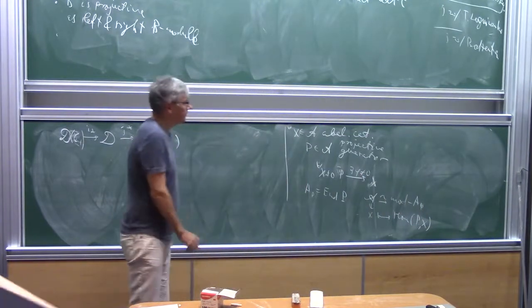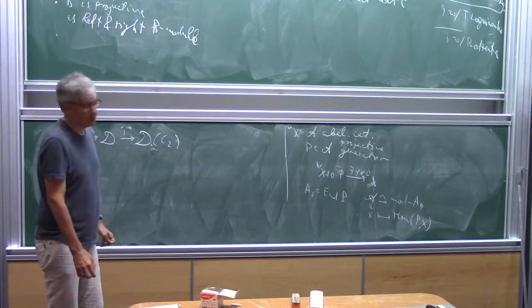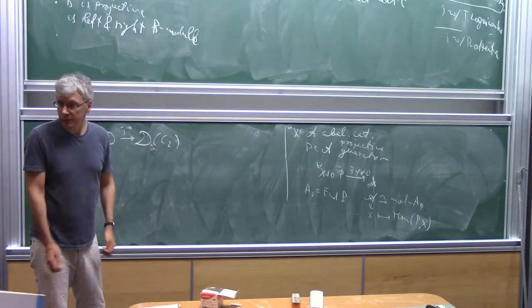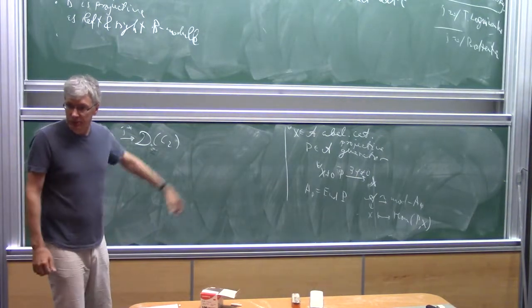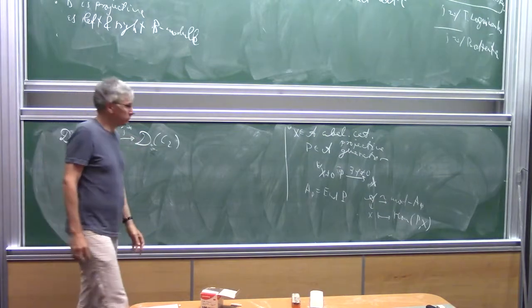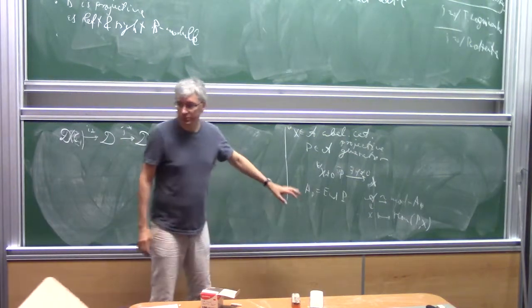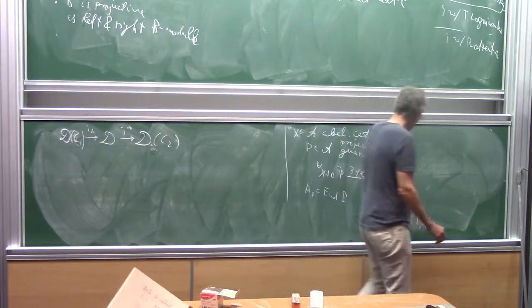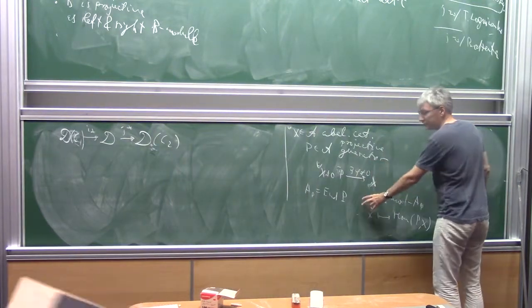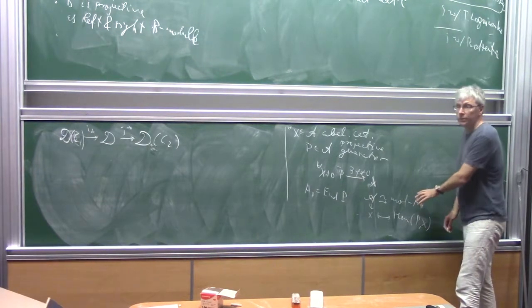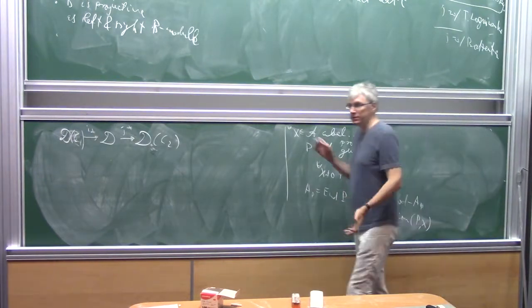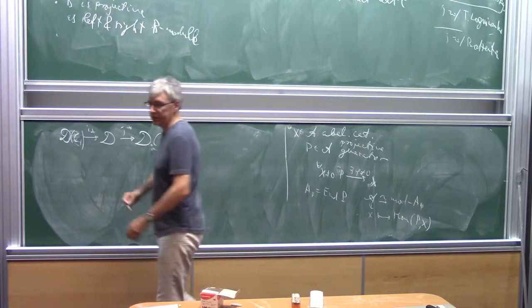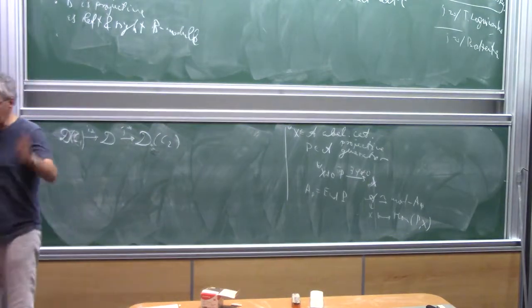A different choice of projective generator gives a Morita equivalent algebra. So this whole story will be up to Morita equivalence. And of course, you should specify what kind of categories you consider, and which modules you actually consider here. So sometimes it will be finite dimensional modules, finitely generated, finitely presented, or all modules.